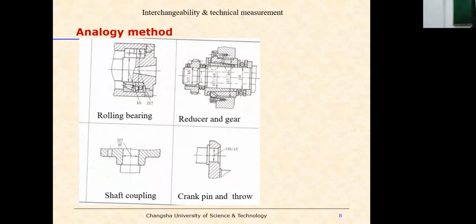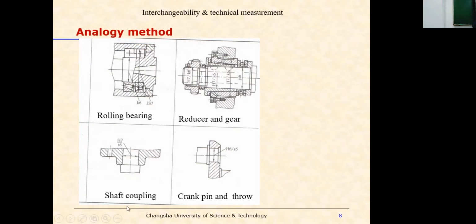For the transition, we ask for a higher concentricity, and also assembly or disassembly. I think this one is related to disassembly and to remove the part, right? And this is the same.